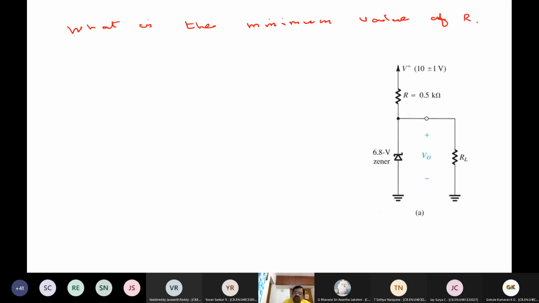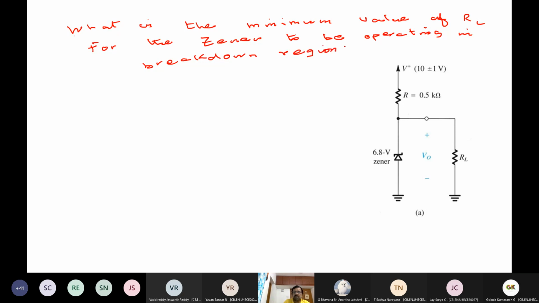What is the minimum value of RL for the zener to be operating in breakdown region? This is the question asked.